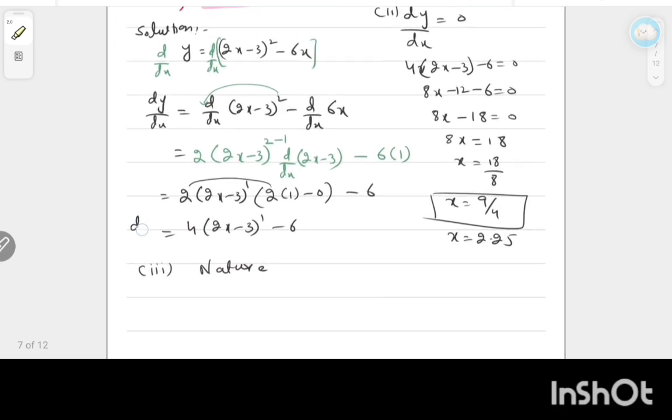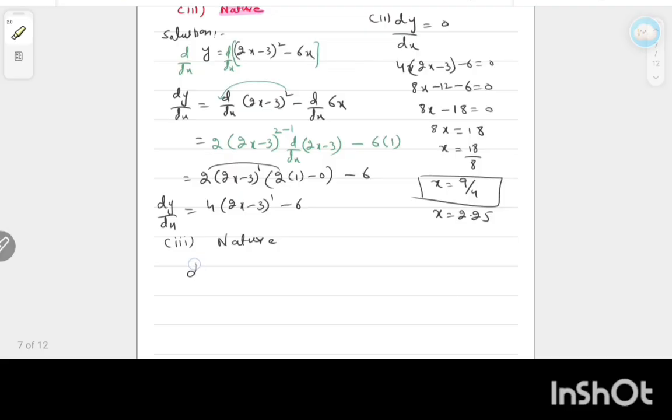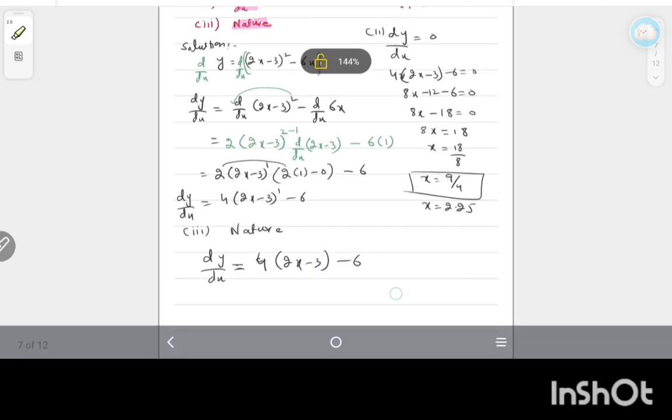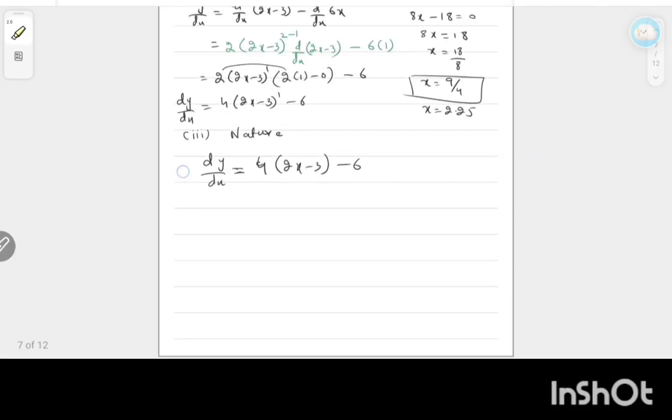This is your first derivative, dy over dx equal to 4(2x minus 3) minus 6. We have to take the derivative once more, d over dx on both sides.